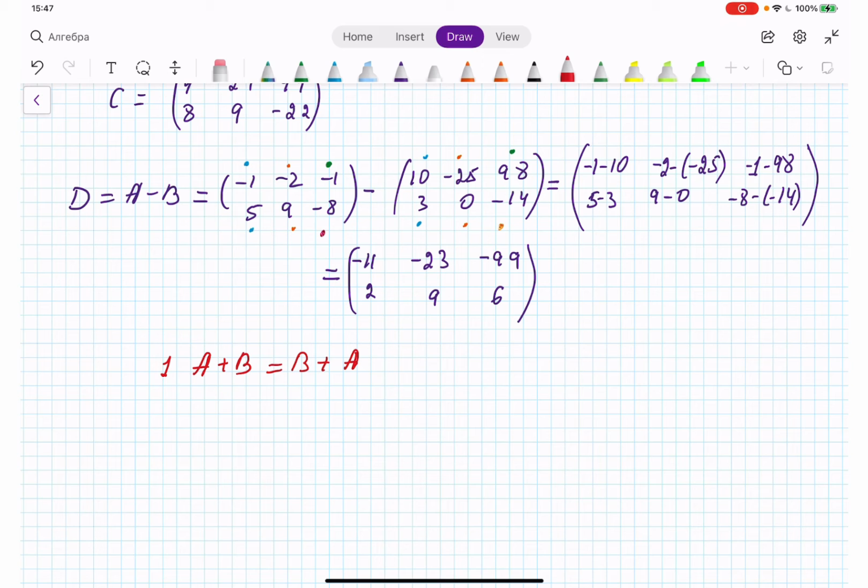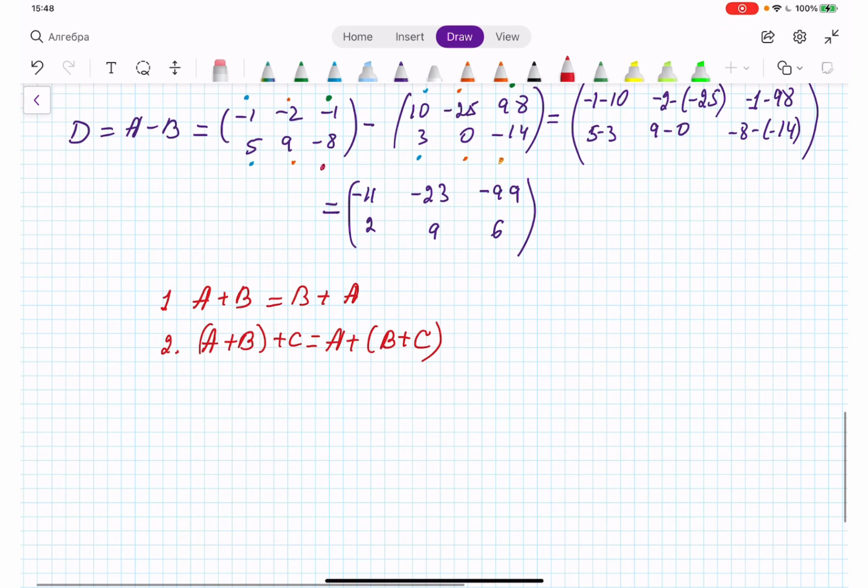Second one, associative property, which means A plus B plus C is equal A plus B plus C. That's obvious because addition, it's never been problem. Add one to another first or second to third first. So in addition to sum of matrices and their product are related by distributive property, which is going to be the third one.